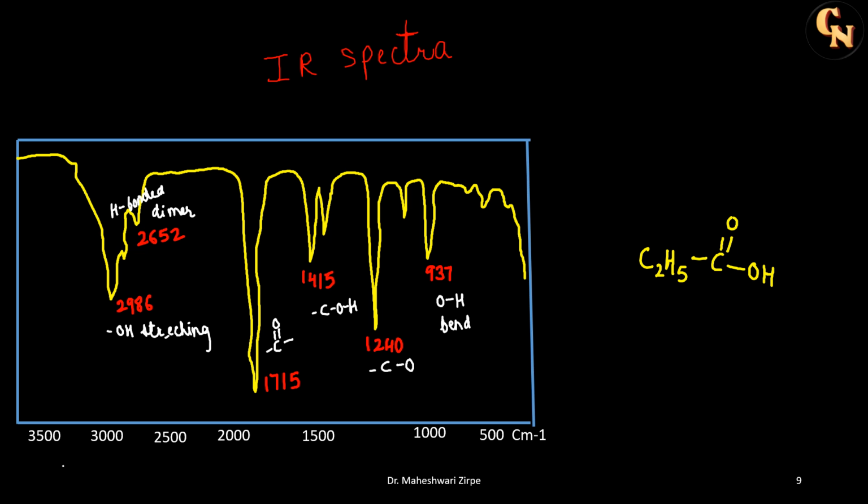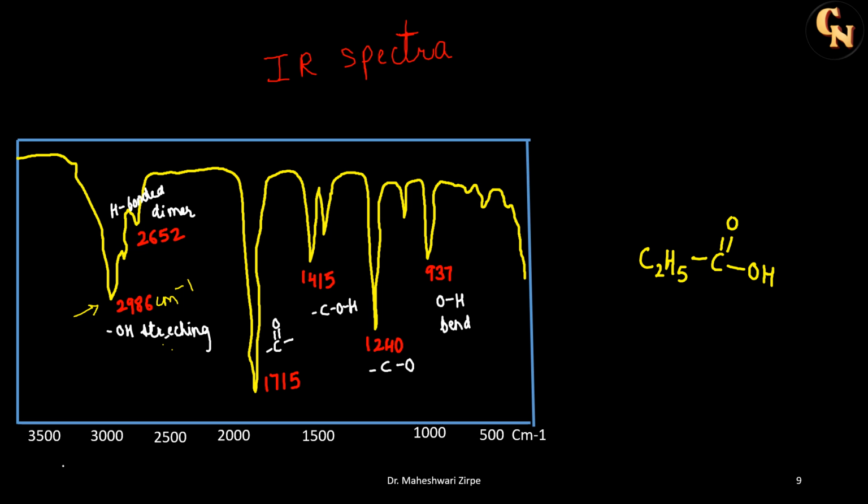For example, you are getting a signal at 2986 centimeter inverse. So it indicates OH stretching, either for alcohol or carboxylic acid.